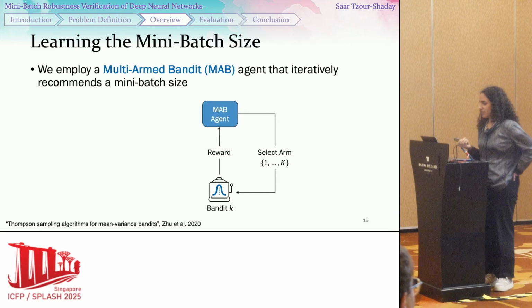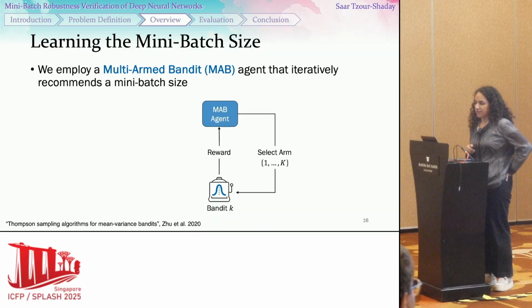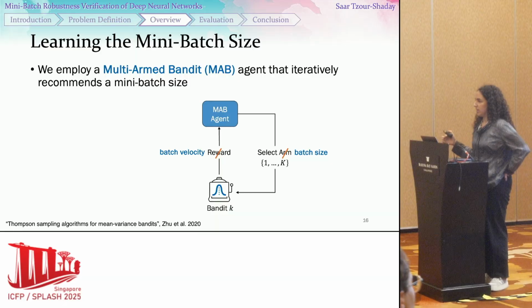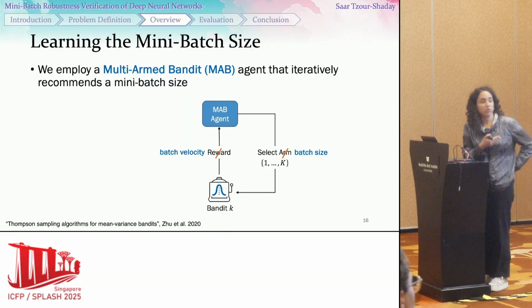Regarding the mini batch size, we applied a multi-armed bandit, or MAB agent, which is an algorithm from reinforcement learning adapted to our settings. Here, instead of arms, we had batch sizes, and each reward is the batch velocity, which is the rate at which the analysis progresses. This is eventually what we want to maximize because we want the verification to terminate faster.